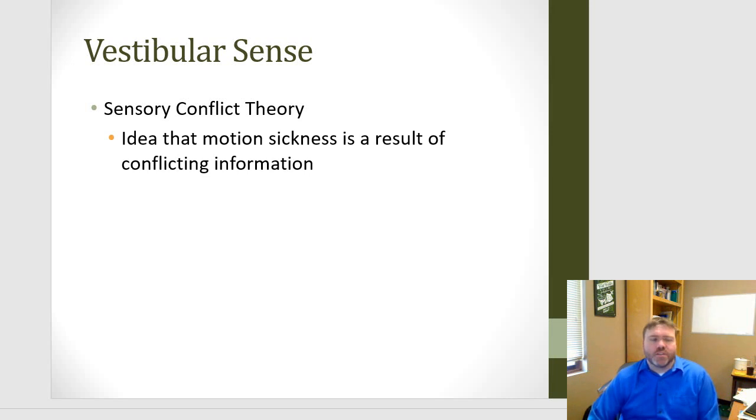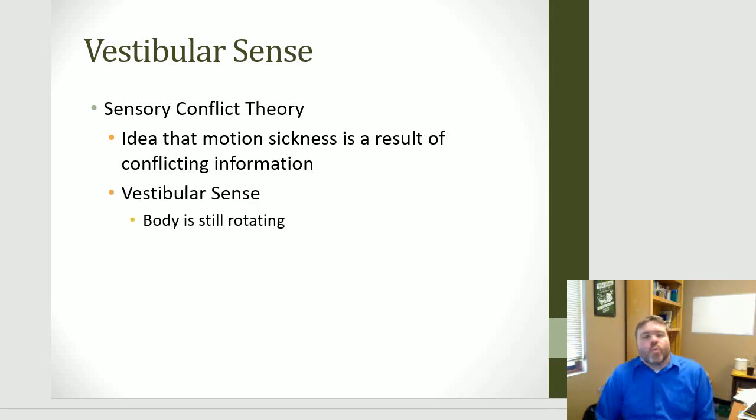Two senses are telling the brain two different things, and both of them can't be true. Your brain is getting one set of information from one sense and a different set of information from another sense, and it can't put them together very well, and what it results in is feeling sick.